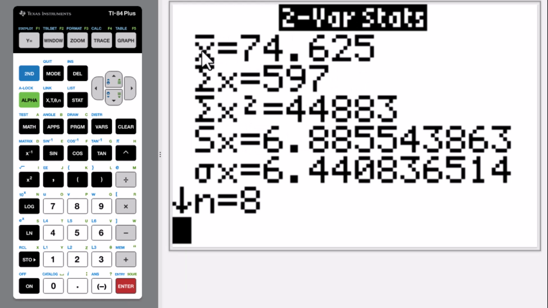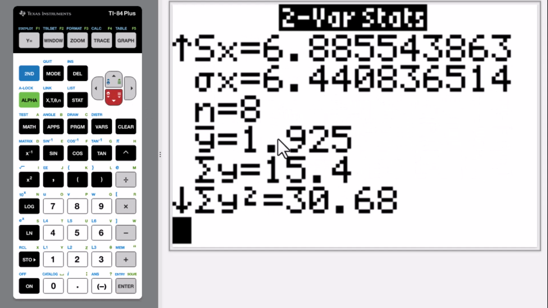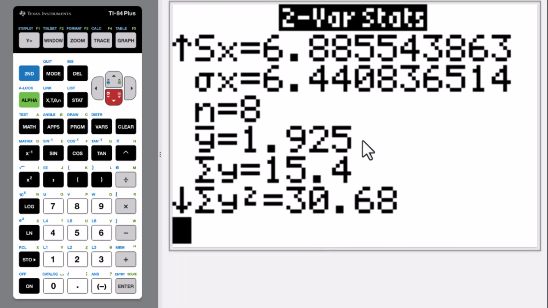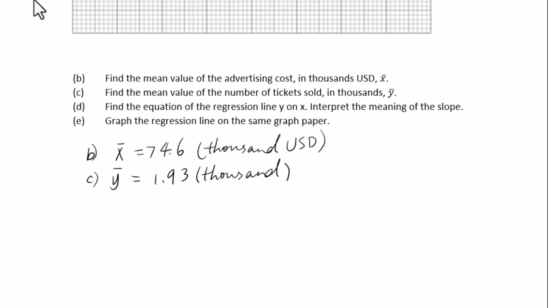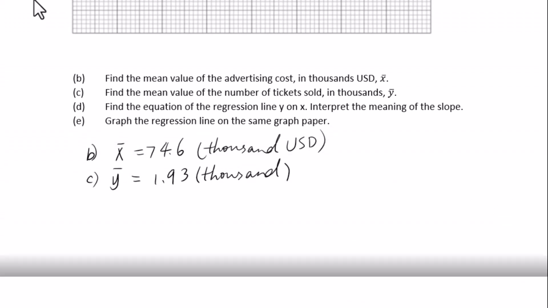You will get x bar is 74.6. Then move on to get y bar is 1.925, or you can put 1.93. Let's do 3-figure fix, 1.93. So we get for B, x bar equals 74.6. For C, y bar equals 1.93.